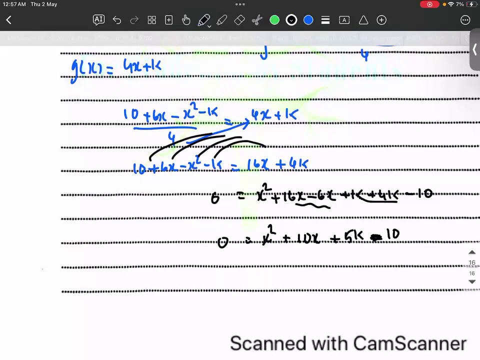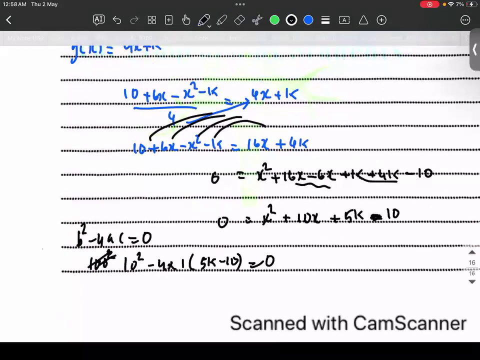Here it is given that this equation intersects at only one point. Therefore, this is a quadratic equation, and we know that the discriminant must be equal to 0. b square minus 4ac is equal to 0. So b is 10. So 10 square minus 4 times 1 times (5k minus 10) must be equal to 0.